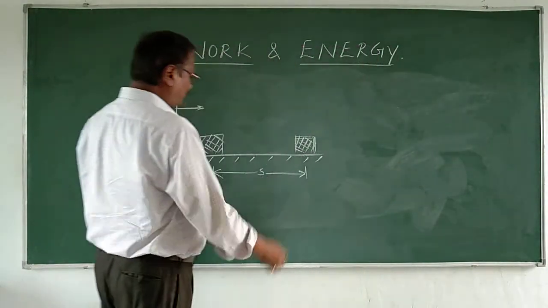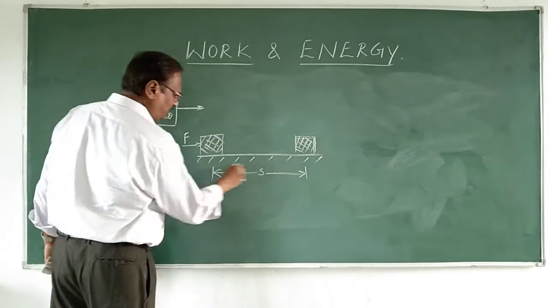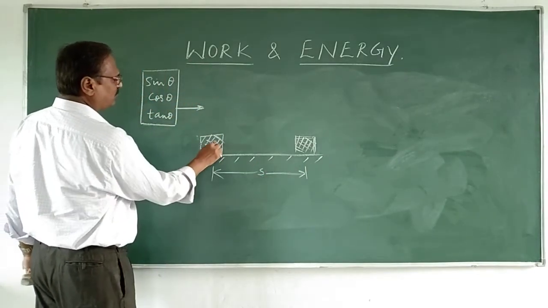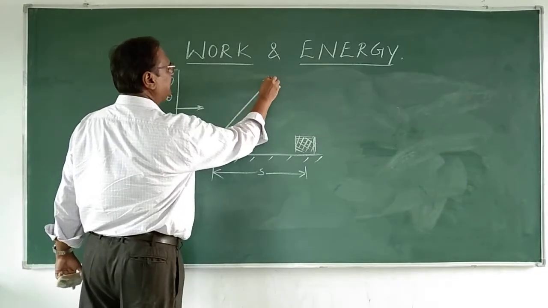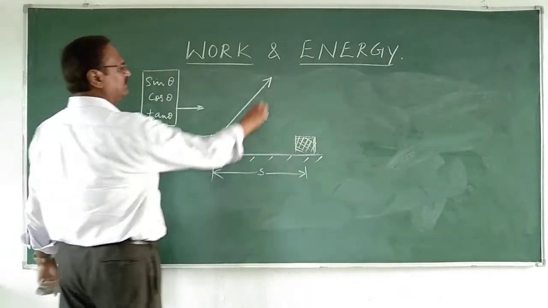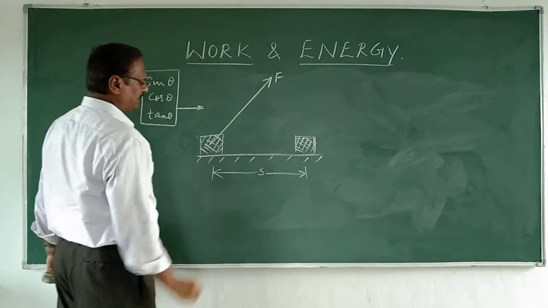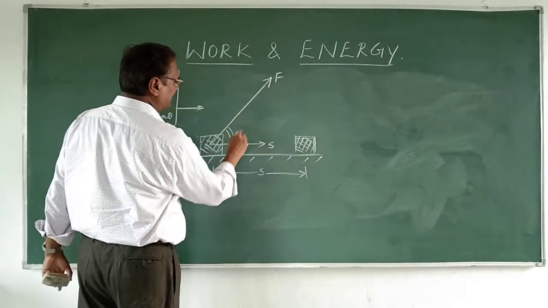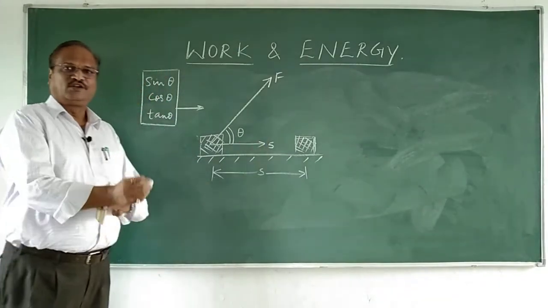Now suppose the displacement is here, but I don't apply the force in this way, I apply it at an angle. This is the force applied and this is the displacement, and this is the angle theta.